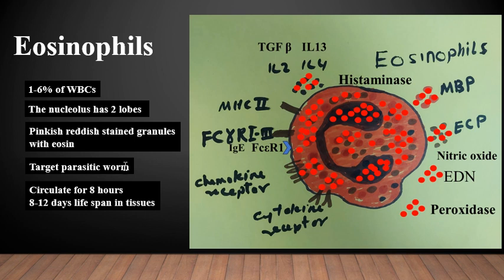Eosinophils usually target helminths or parasitic worms. They circulate for 8 hours, so they will be available in the circulation for 8 hours. Following that, they stay in the tissues for around 8 to 12 days, so they have a very long lifespan in the tissues.